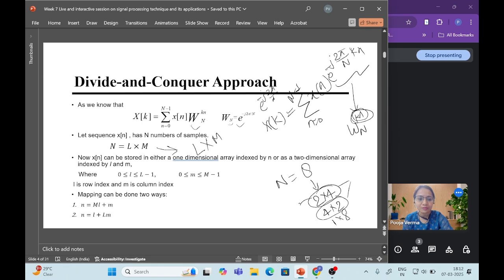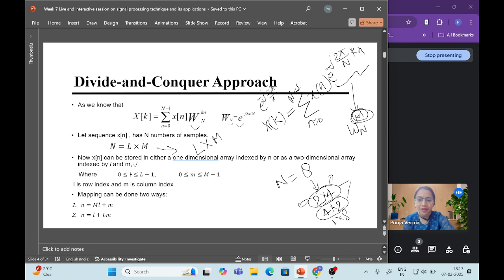Here this one is a row, this one is a column. So x of n can be stored in either a one-dimensional array indexed by n, or a two-dimensional array indexed by L into M, that is row into column.